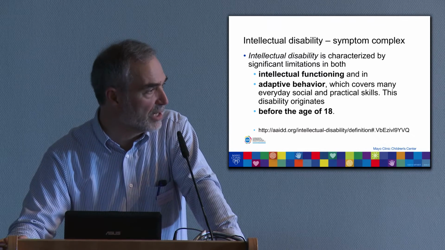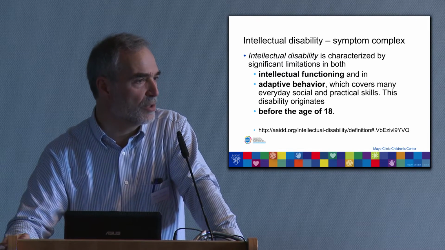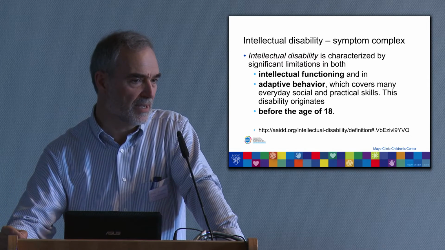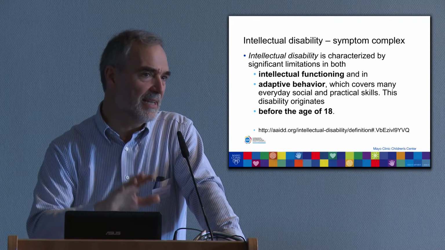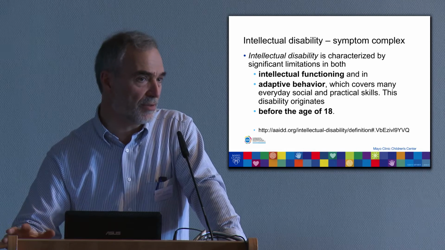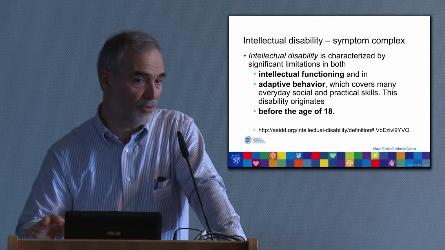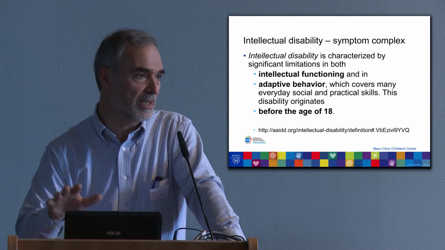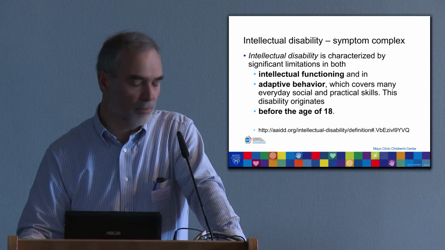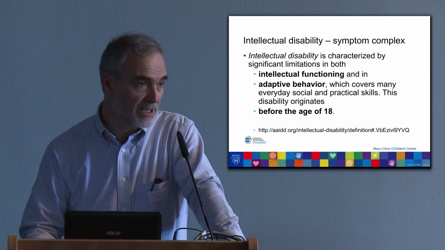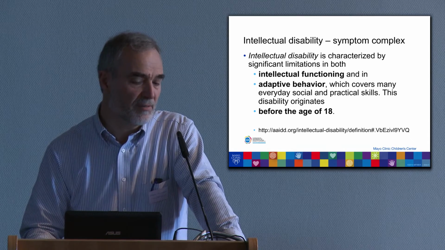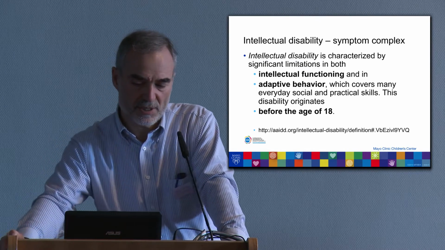And it must originate before the age of 18. So in other words, this is a developmental disorder, and this helps us differentiate intellectual disability from dementia. Now, dementias can start in children, but intellectual disability is the type of cognitive problem which is most common in the CDGs, which are essentially developmental disorders to a very large extent.